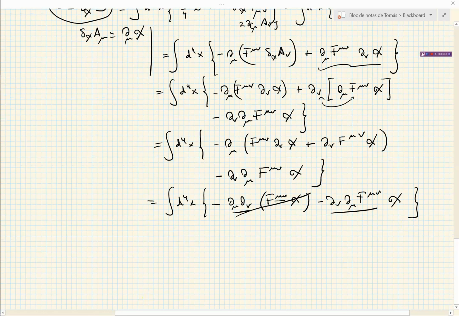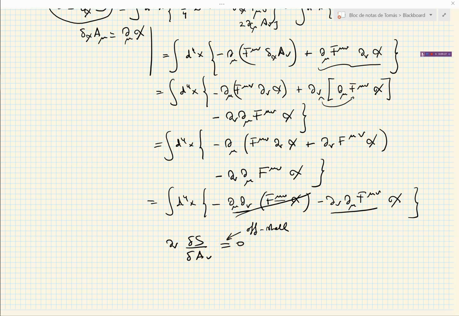So this is, if you want, a trivial identity, the fact that you can write it like this, that the equation of motion of A nu satisfies this condition off shell is trivial. I mean, it is obviously satisfied always on shell, but you can say that it is thanks to this identity that you have gauge symmetry.